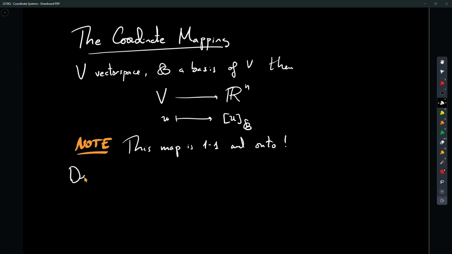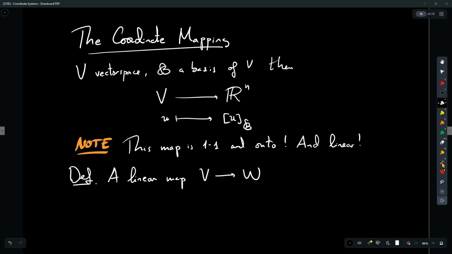And by the way, the map is linear. So a linear map from V to W between two vector spaces. Notice that V was a vector space and Rn is of course also a vector space.